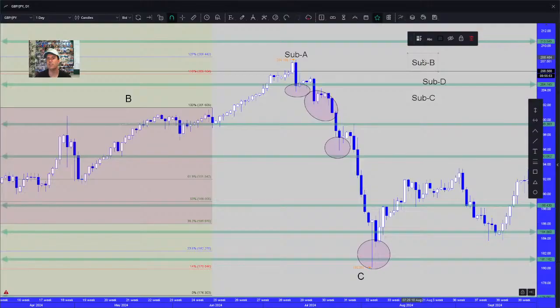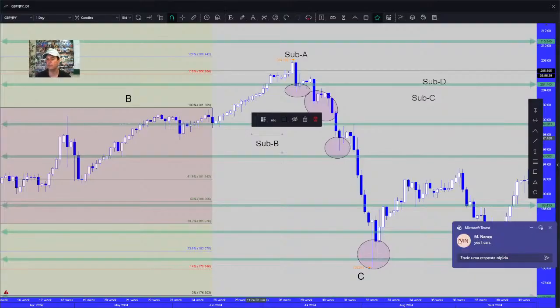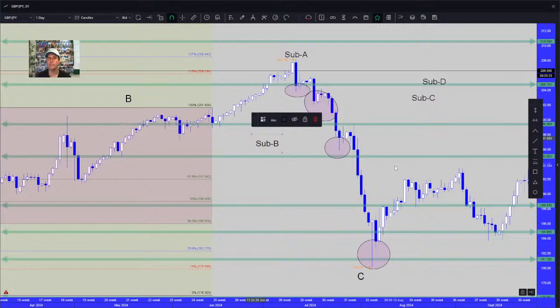The sub B is the first low as soon as possible after the sub A. Which one is the first low? Olga says fourth. Are you sure, everybody? Which one is the first low as soon as possible?